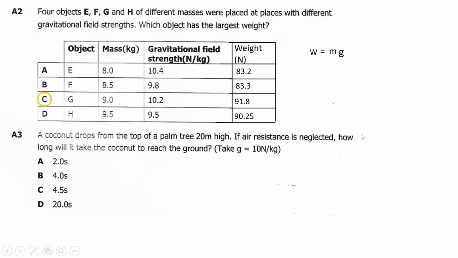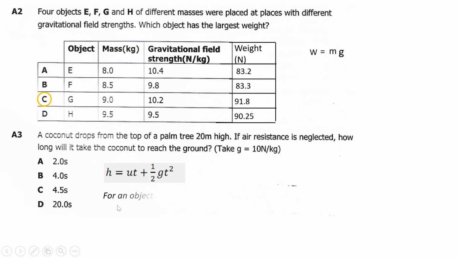So they want time. This is the formula which we use for finding time when an object is thrown. H, height, is equal to initial velocity times time plus half times acceleration due to gravity times time squared.